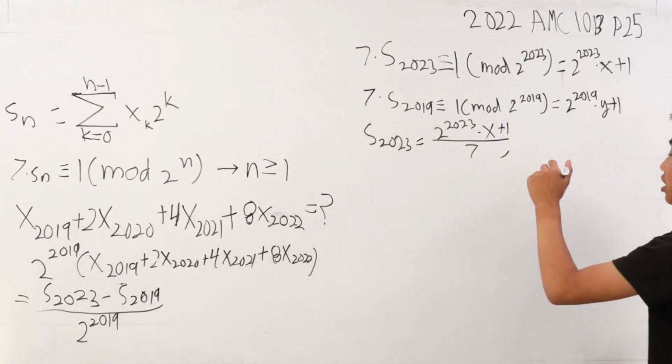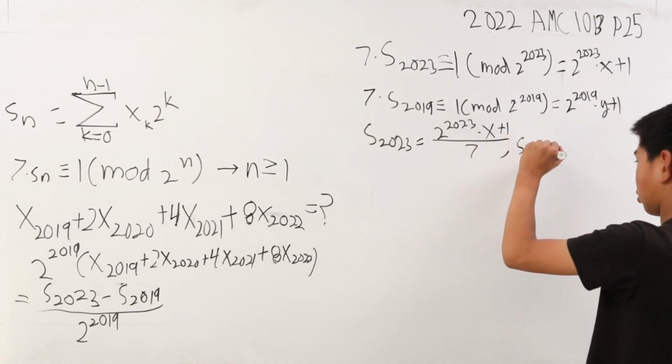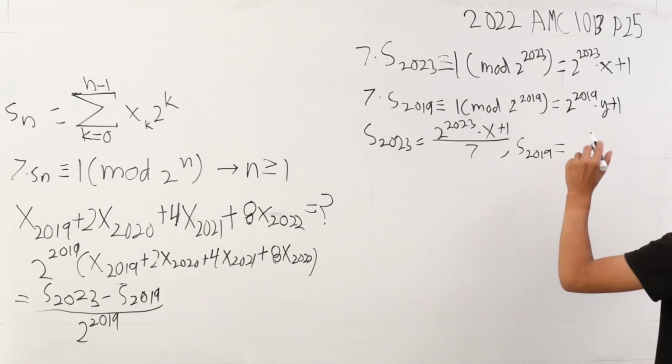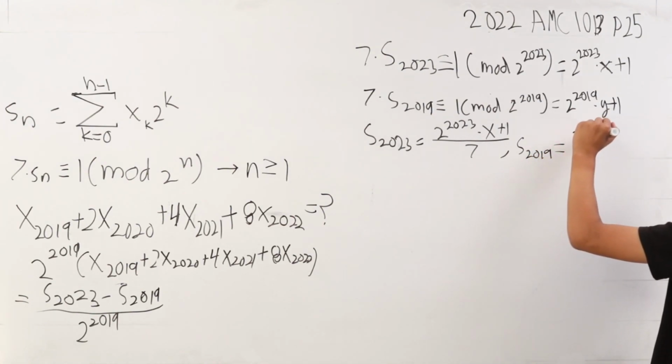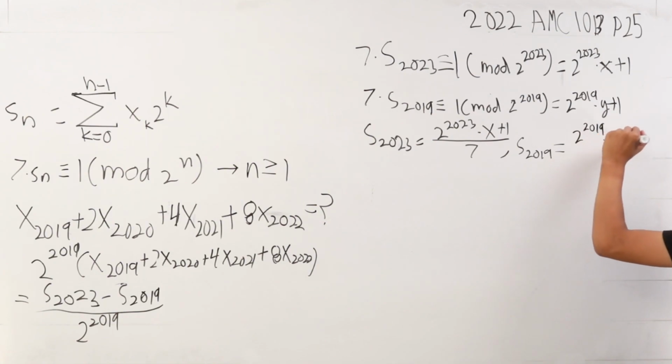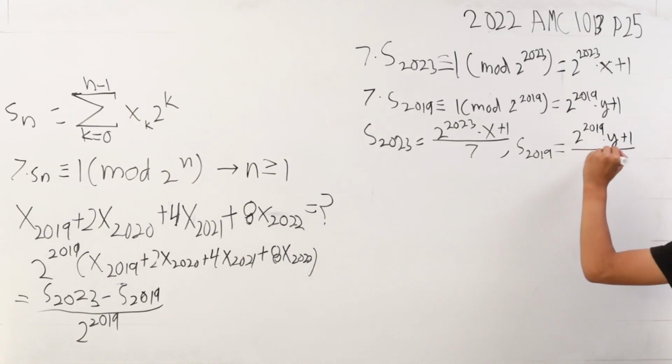Same thing here, S of 2019 is equal to 2 to the power of 2019 times y plus 1 over 7. Alright, so we have successfully found these values.